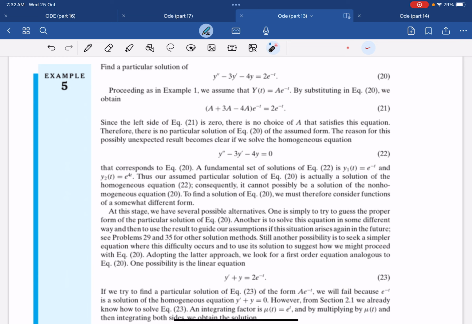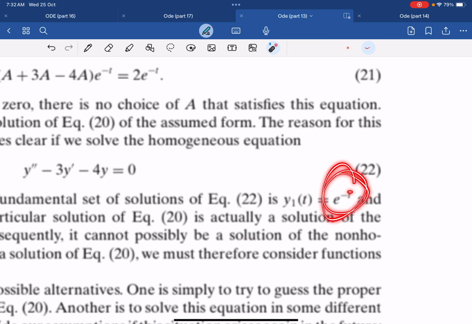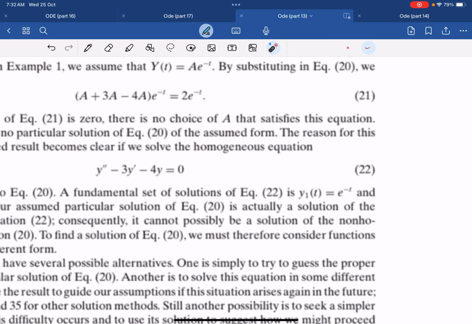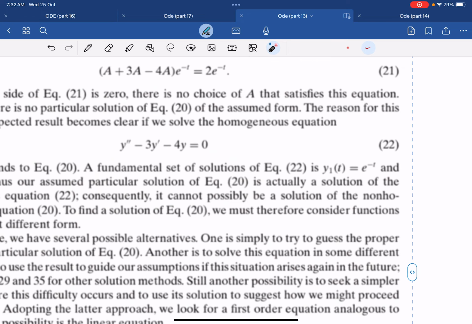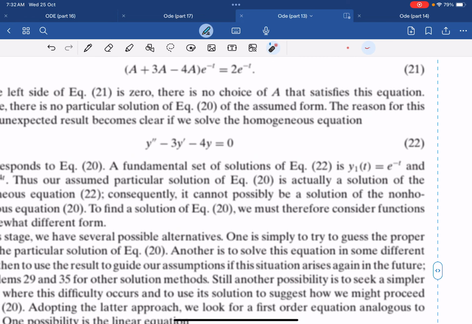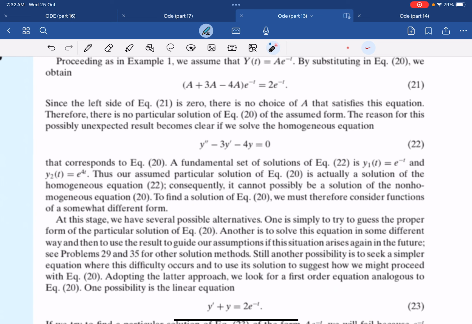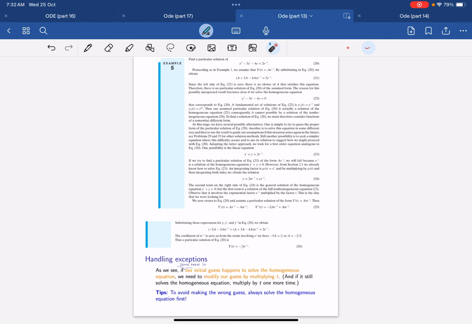And what we realize is the reason it is wrong is because when we solve the homogeneous equation, our fundamental set of solutions already contains e^(-2t). So our particular solution is actually a solution to the homogeneous case and thus cannot be a solution to the non-homogeneous case.